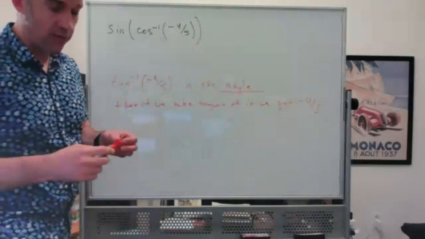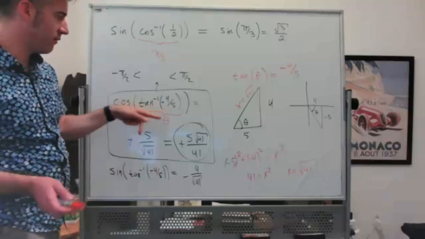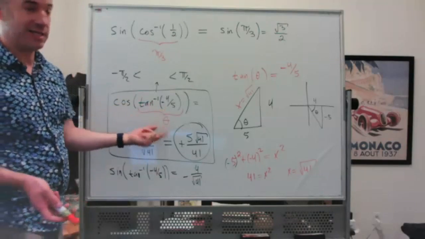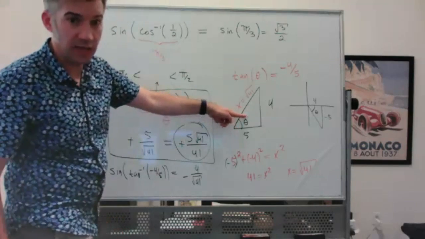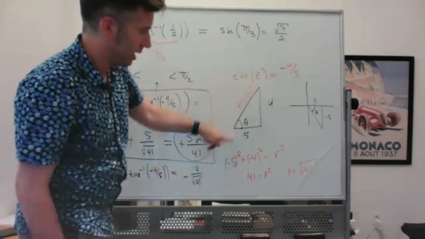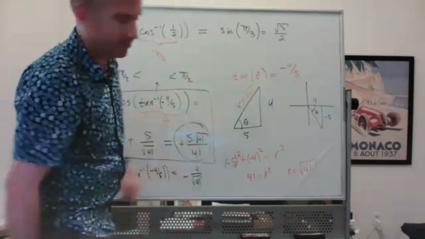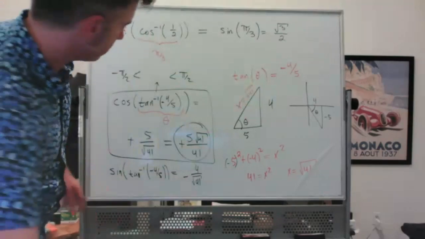So that's what's going on there. That's why I'm saying inverse tangent of -4/5 is an angle, and it's the angle that if I took tangent of it, I would get -4/5, except I didn't write the name.